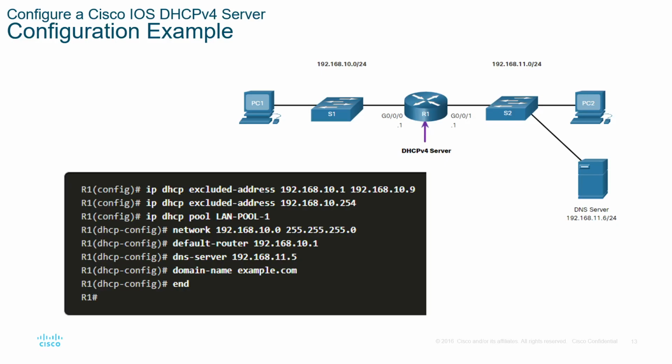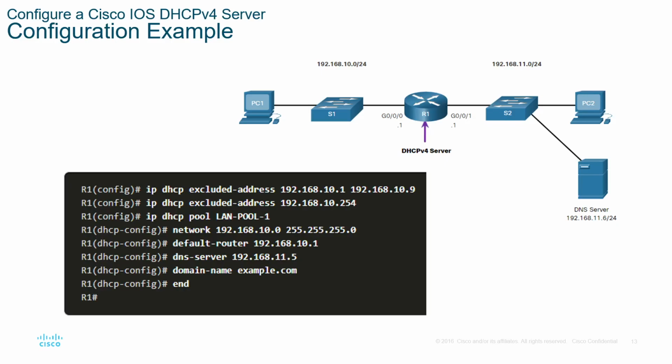After that, we can specify the pool with a name that makes sense to us. In this case, just giving it a name, LAN pool number 1, just to specify that this DHCP pool will be the pool of addresses available for our LAN number 1.